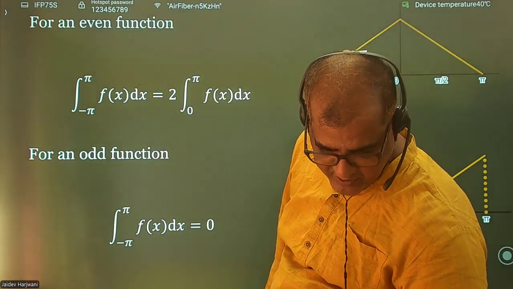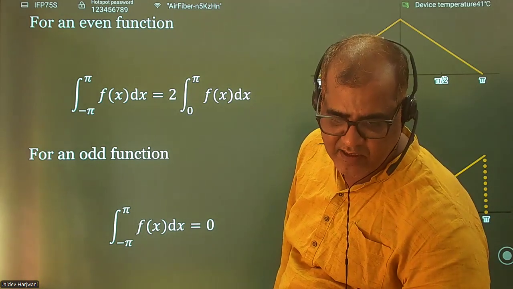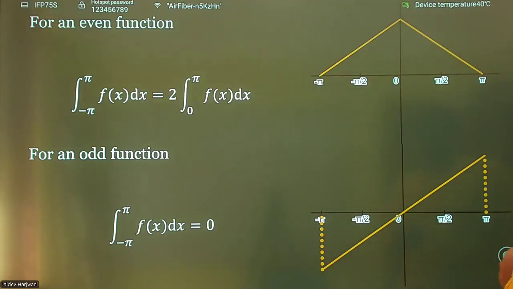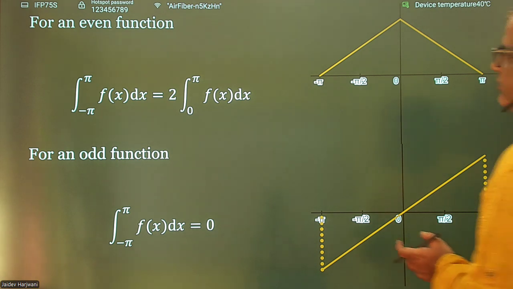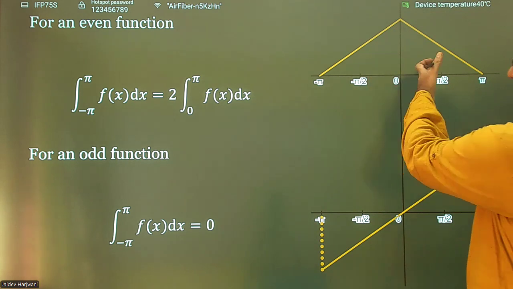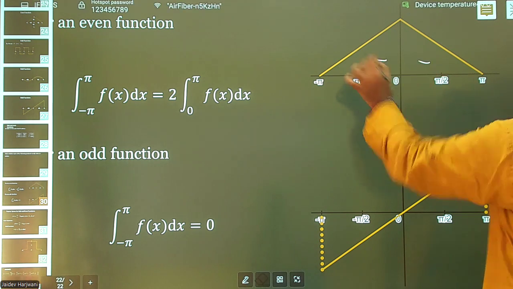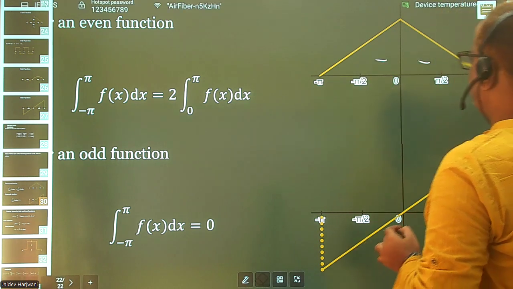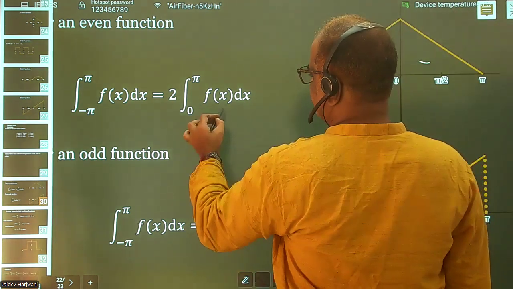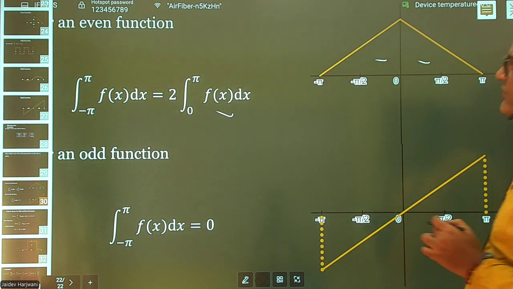Now, what happens if your function is odd or even? What advantage will we get when writing the Fourier series when your function is either even or odd? Integration means we are calculating the area. If this function is even, both these areas are the same. So instead of integrating from minus pi to pi, I can just integrate from 0 to pi and make it twice if the function is even.